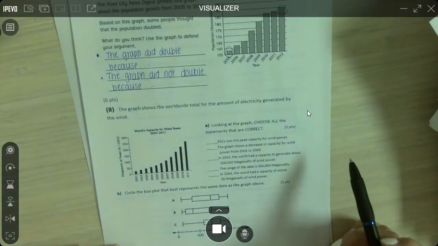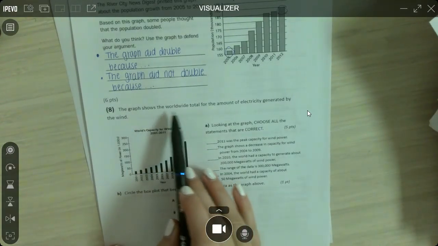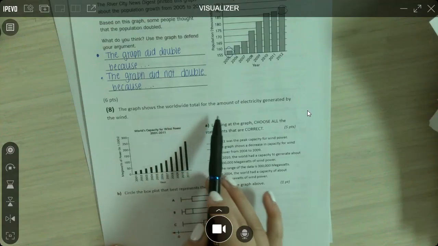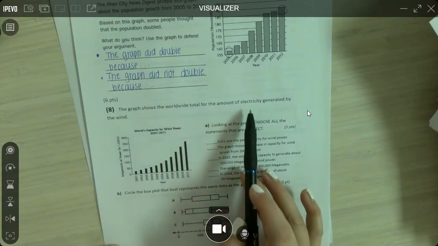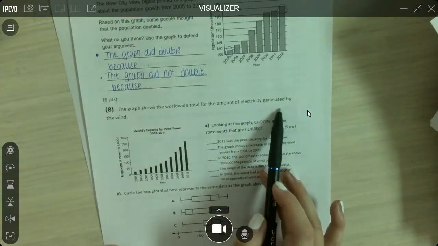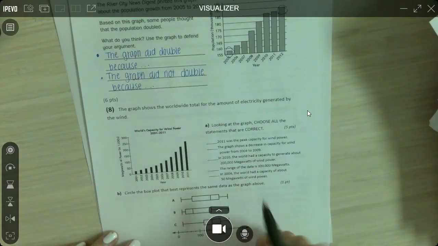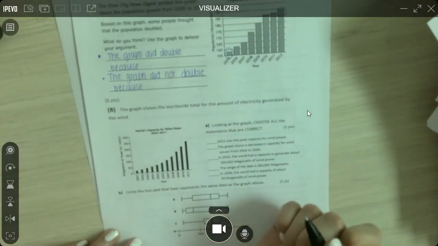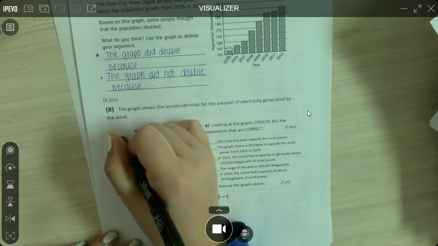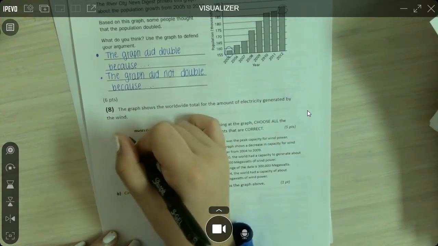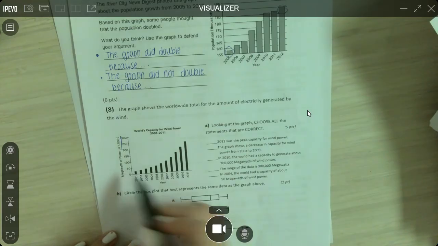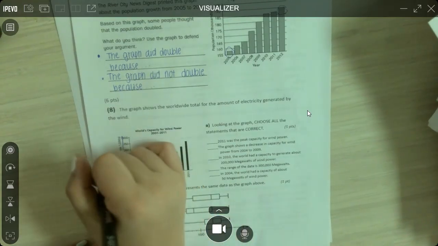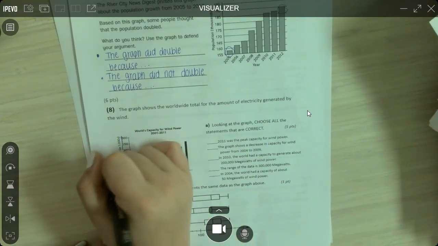Then question number 8 says the graph shows the worldwide total for the amount of electricity generated by the wind. It does tell you over here that these numbers are in the thousands, so if it says 50, it's really meaning 50,000.